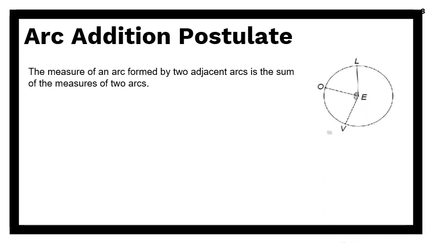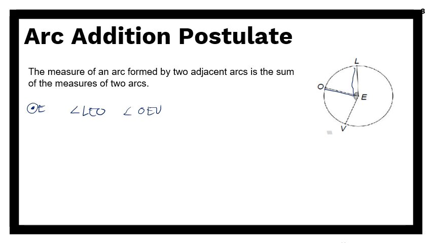For example, in this given, there is circle E. As you observe, two central angles were formed, actually three. Angle LEO and angle OEV.